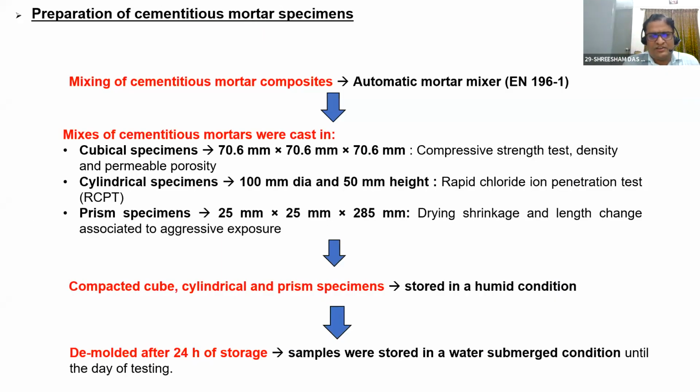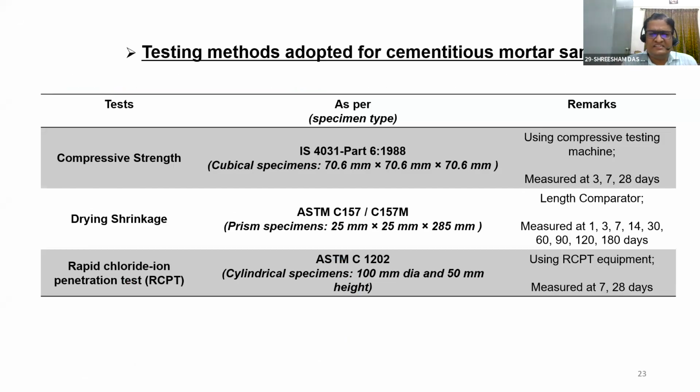All the specimens were mixed and cast to standard testing methods: cubical specimens, cylindrical specimens for the RCPT test, then prism specimens for the drying shrinkage. These are the standards for compressive strength, drying shrinkage and RCPT, and the tests were made following these standards.